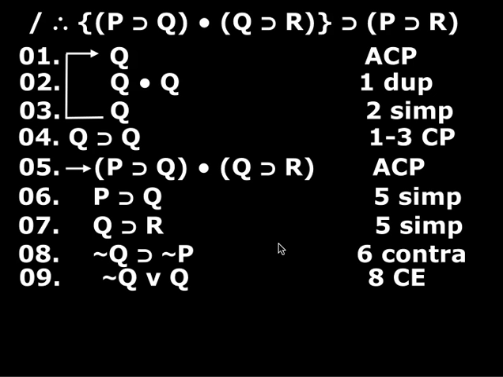Now I'm going to do conditional exchange on 4. Oops, that should be 4. Sorry about that. Okay. So horseshoe became a wedge, Q became not Q. Now, notice here, this is the disjunction of those two antecedents.